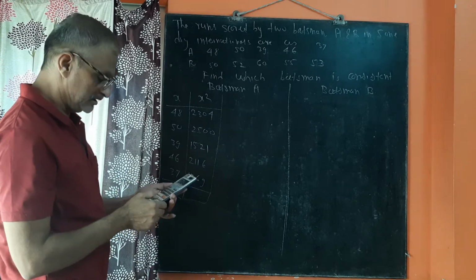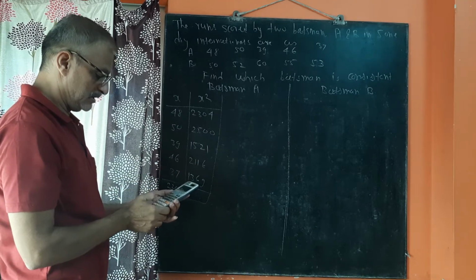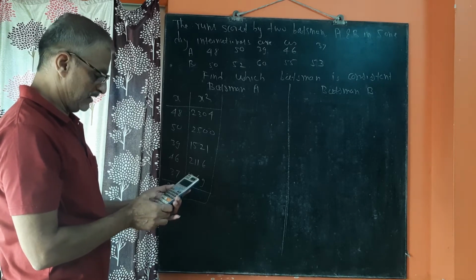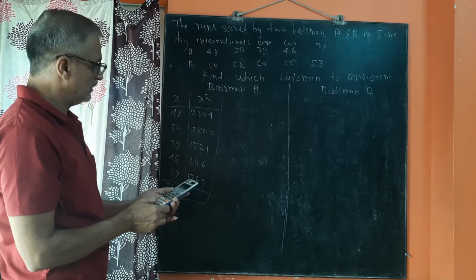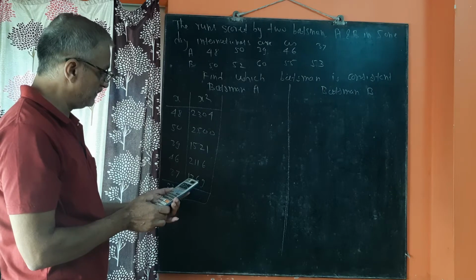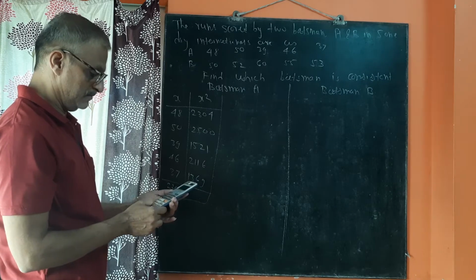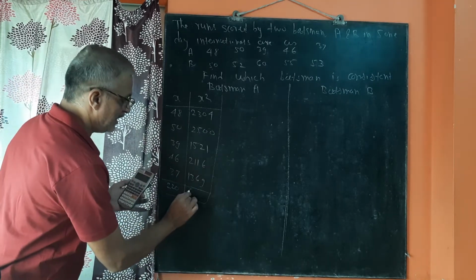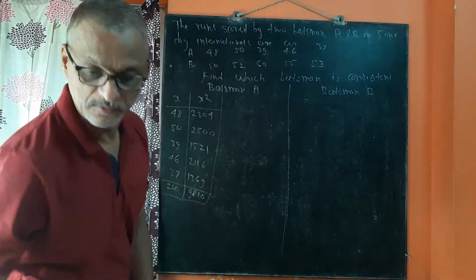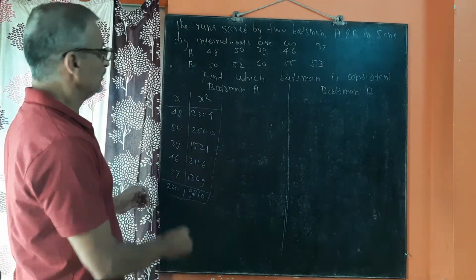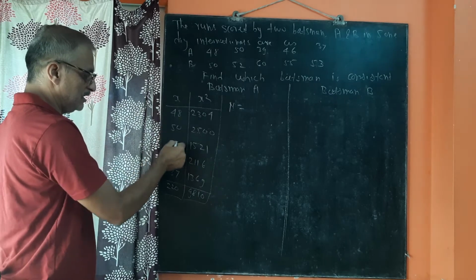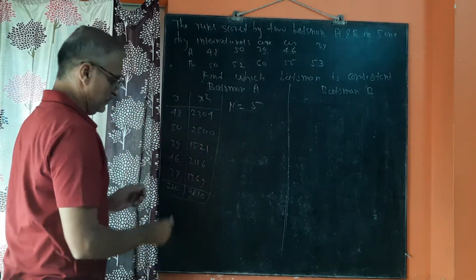Then the sum of their squares is 2304 plus 2500 plus 1521 plus 2116 plus 1369. It comes to 9810. Now the number of observations n: there are 5 units, 1, 2, 3, 4, 5, so n equals 5.